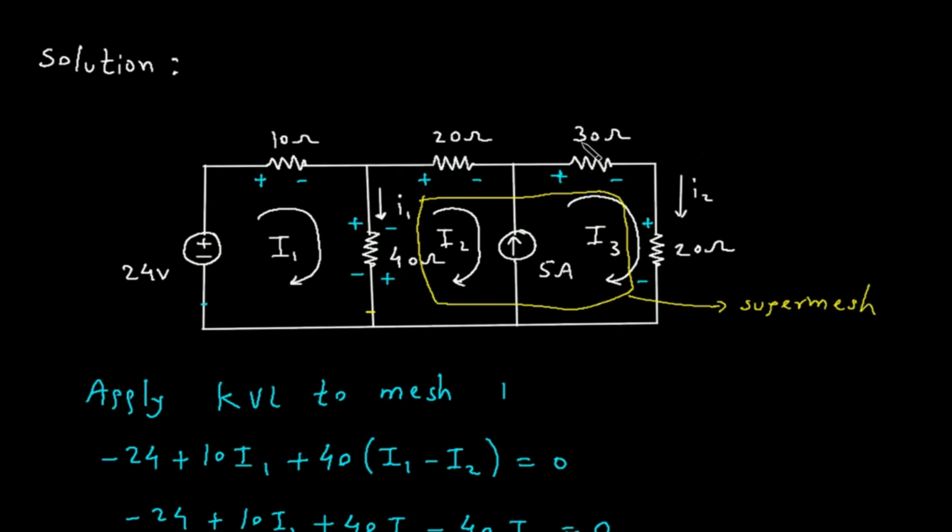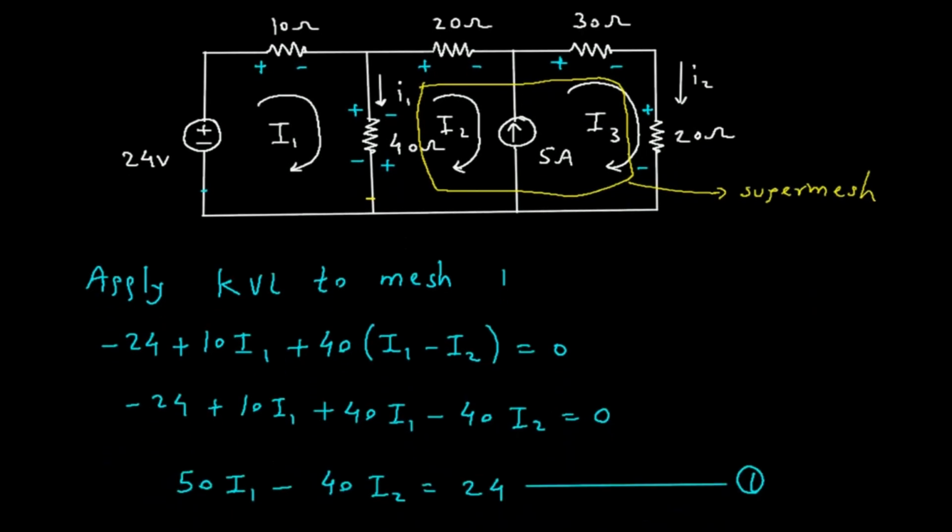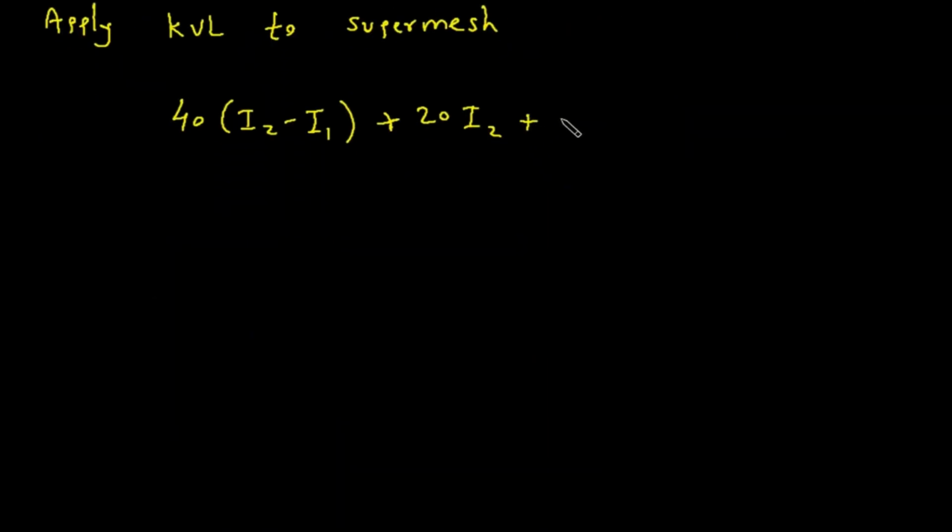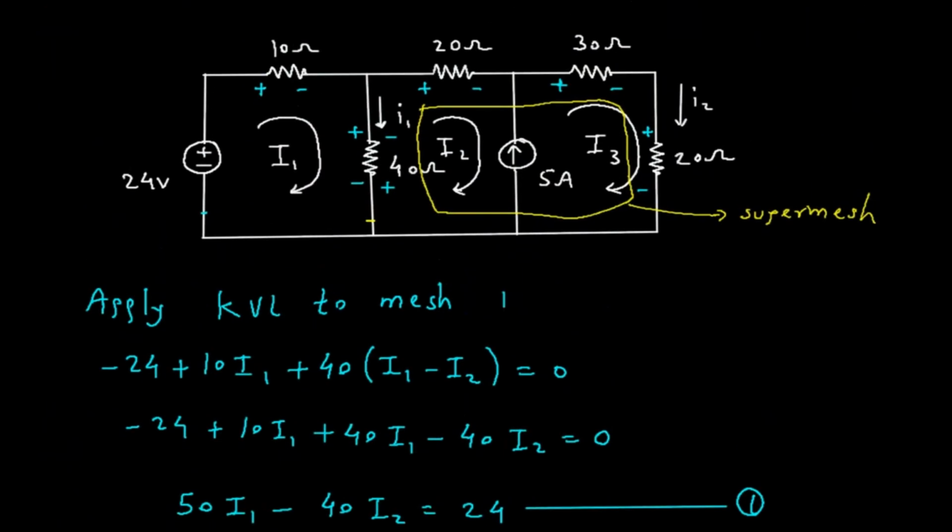This will be directly 30 plus 20, which will be 50 I3, is equal to 0.